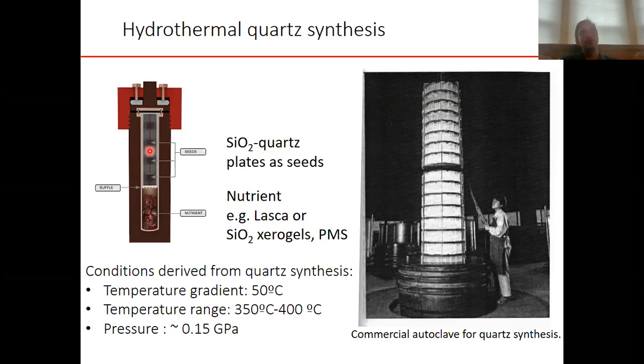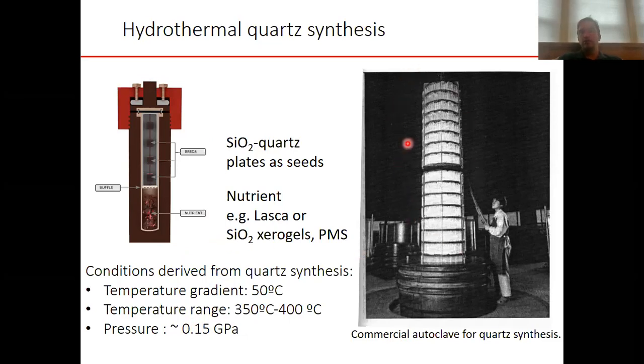Because of the oversaturation, your seed crystals that you place into your top zone start to grow. You perform this crystal growth at a pressure of approximately 0.15 gigapascals or 1,500 atmospheres. So this hydrothermal crystal growth is scalable to the industrial scale.